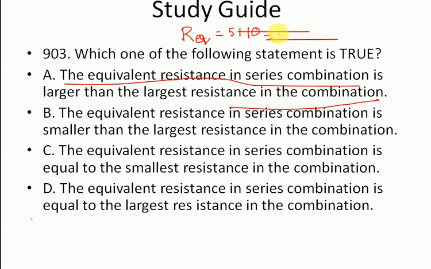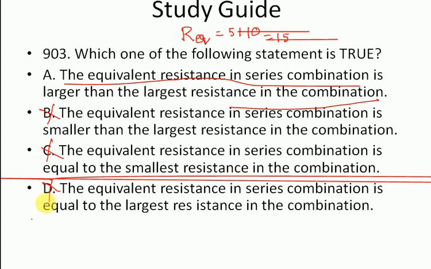The equivalent will be 15. That means the equivalent resistance of a series combination is larger than the largest resistance in the combination.